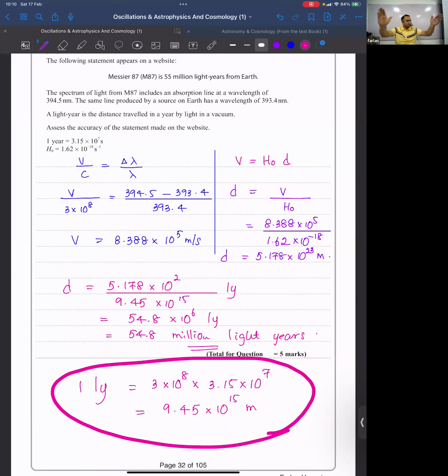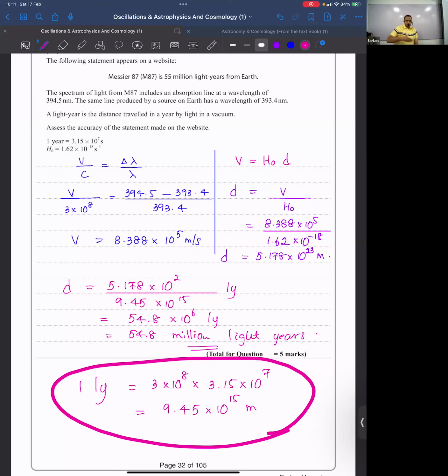Its speed is 3 into 10 to the power 8 multiplied by the time, where 1 year is 3.15 into 10 to the power 7 seconds, which gives 9.45 into 10 to the power 15 meters. So 1 light year is 9.45 into 10 to the power 15 meters.